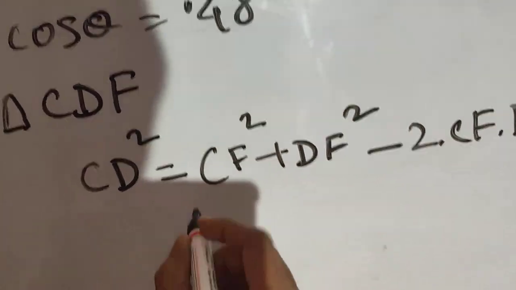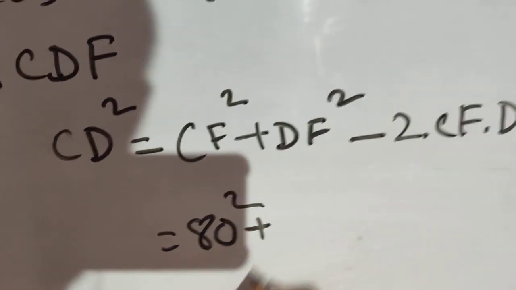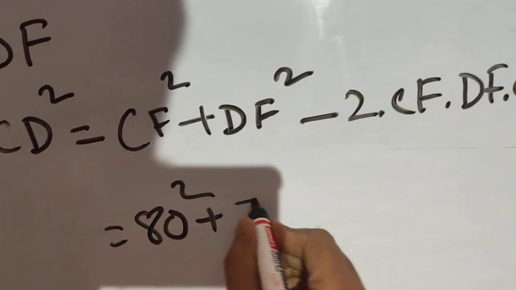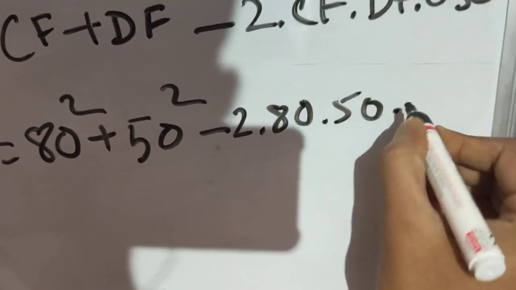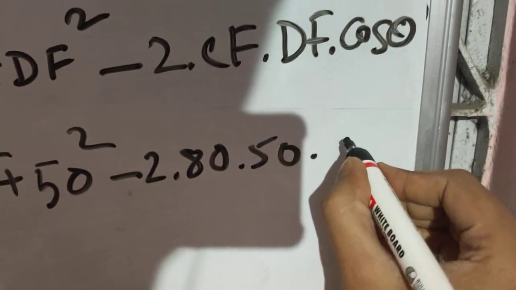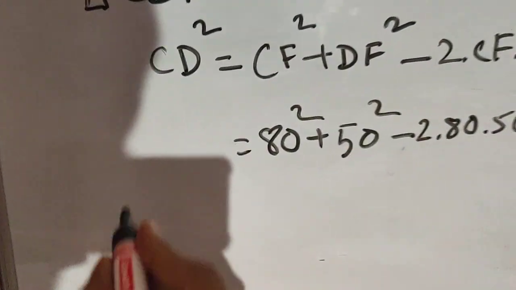CF square, what is CF square? 80 square. DF, what is DF? 50, so 50 square. So CF is 80, DF is 50, and cos theta is 0.48. This is CD square.